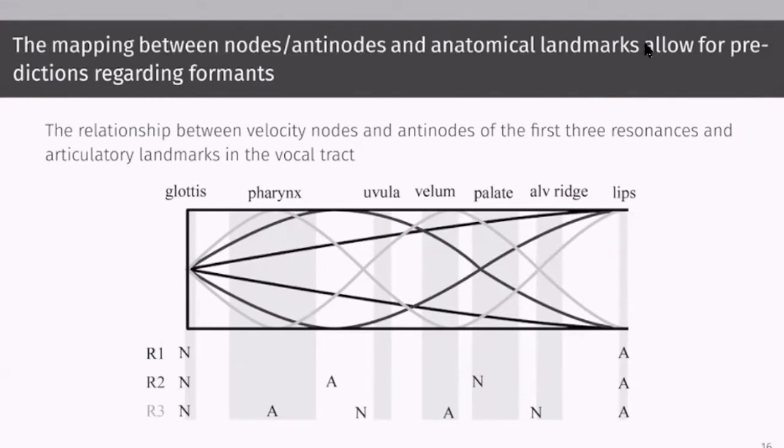Yes? Is a standing wave the same as a transverse wave? No, a standing wave is not the same as a transverse wave. I think something can be a standing wave and a transverse wave, but they're not the same thing.